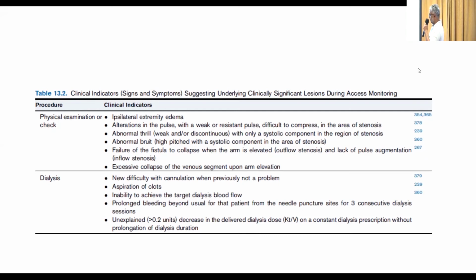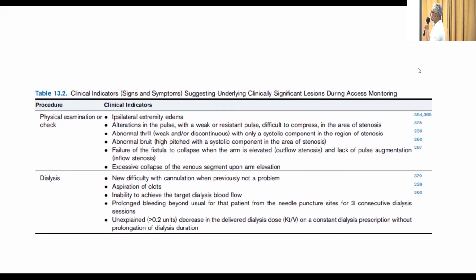If a pulse is weak or resistant, difficult to compress, then you know there is some stenosis somewhere. Abnormal thrill, again, you know there's a stenosis somewhere. Abnormal bruit, stenosis, failure of the fistula to collapse, and excess collapse of the venous segment upon arm elevation. So all these point out something; we'll look at what they mean.